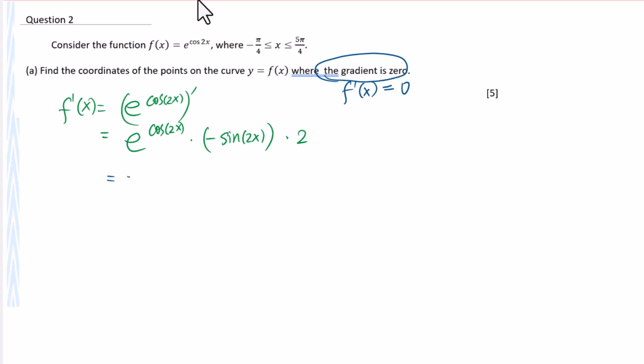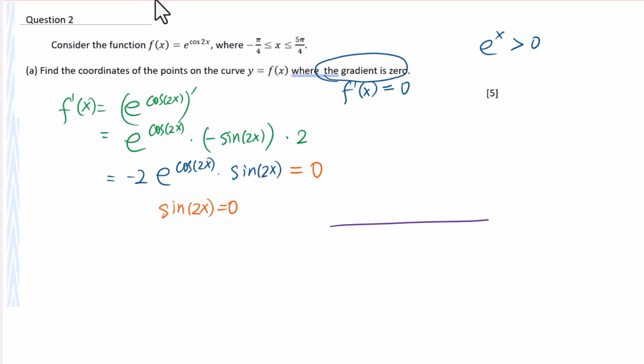So we get negative 2 e to the power of cosine 2x times sine 2x. We do know e to the x power is always greater than 0. So we will make this equal to 0. We can get sine 2x equals 0.